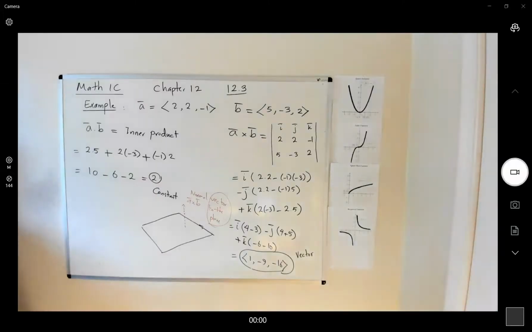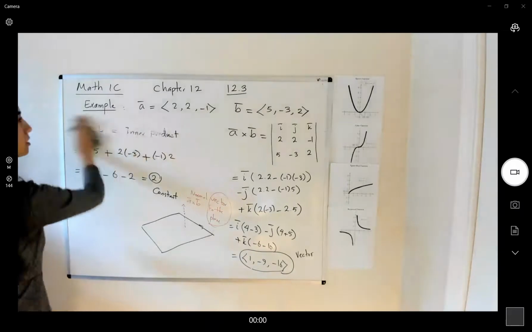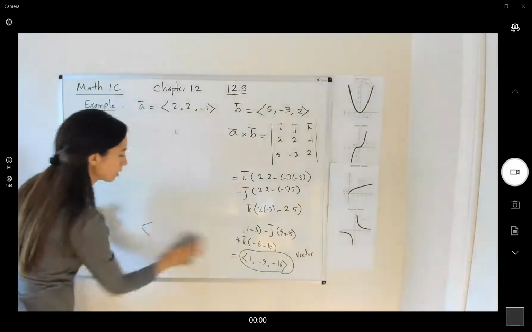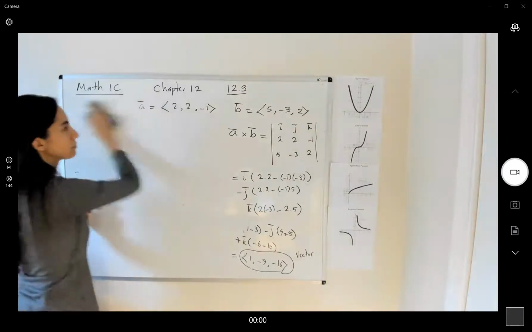Okay, let's see what we have. So that was the difference between the dot product and the cross product.